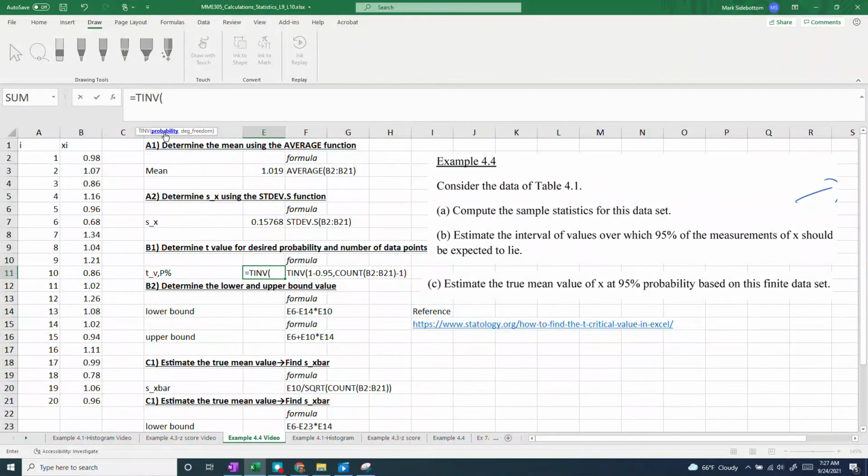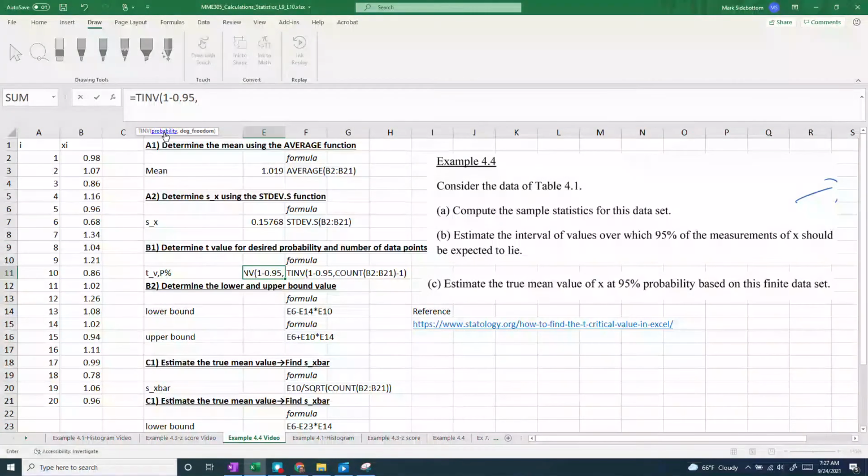In our case, it's the outer probability, so we want to know the outer amount. We don't want to put in 95, we want to put in 5%. So we're going to subtract 0.95 from 1 to get that 5% value.